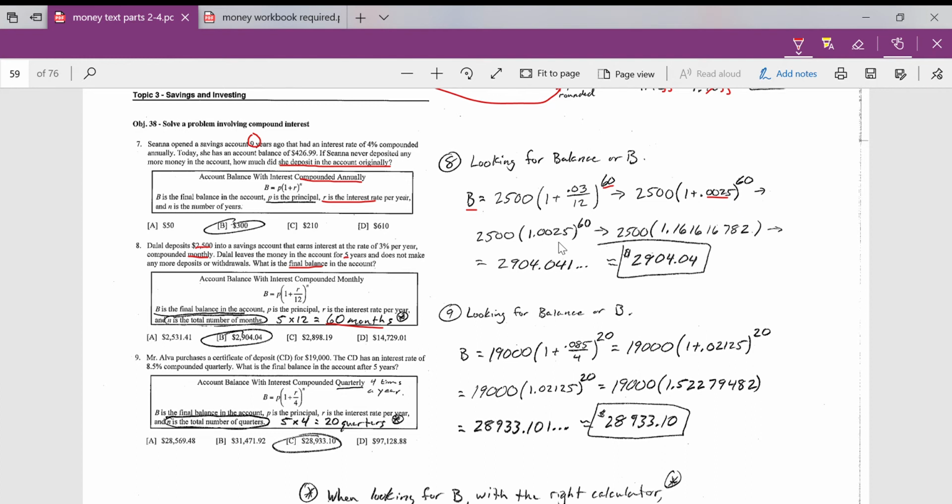Now this is the key spot. You have to do the order of operations correctly. You can't multiply 2,500 times this 1.0025. You have to do this exponent. So you would be in that spot, doing 1.0025, and whatever calculator you're using, you've got to find this button.